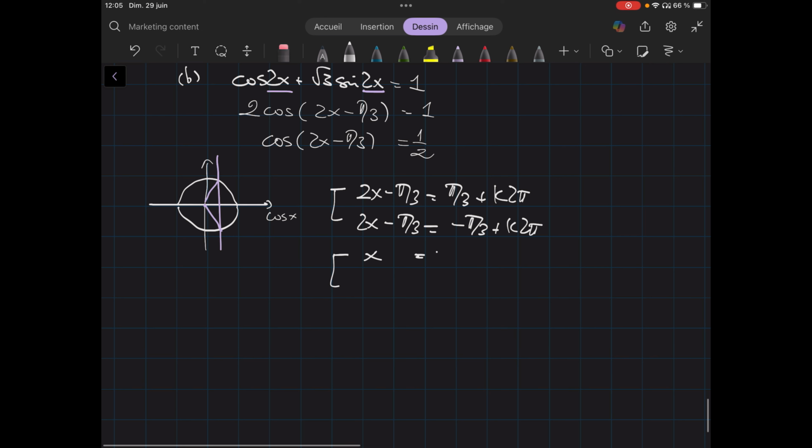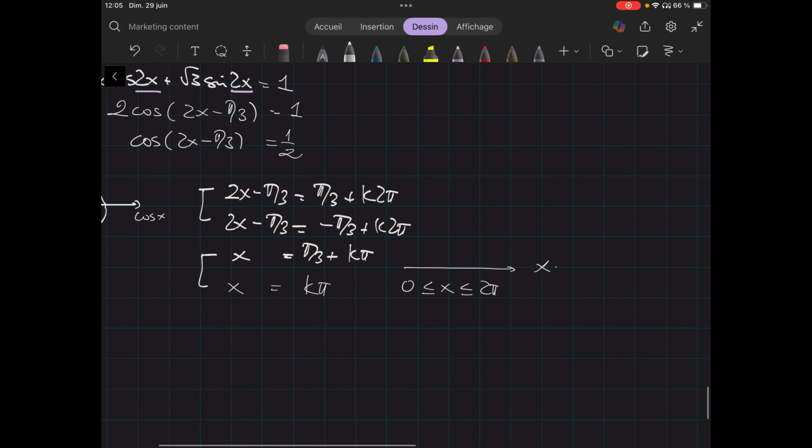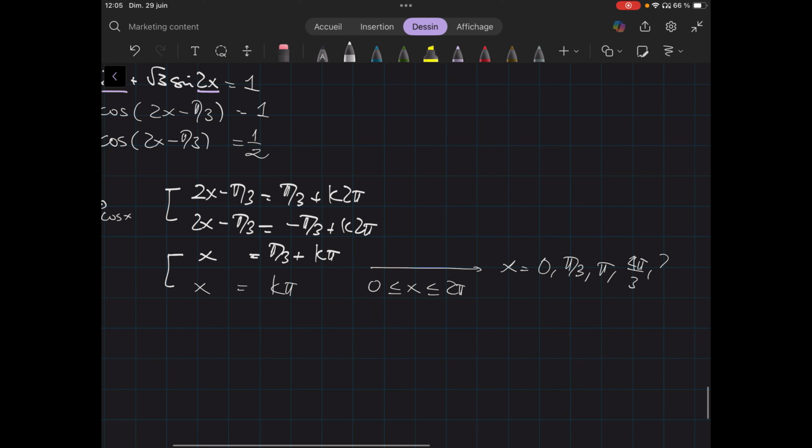So x is equal to pi by 3 plus k pi, or x is equal to k pi. Refer back to our domain from 0 to 2 pi. The roots will be 0, pi by 3, pi, 4 pi by 3, and 2 pi.